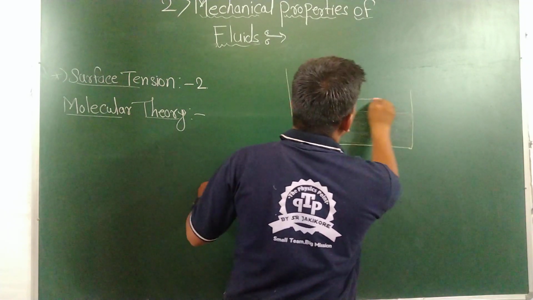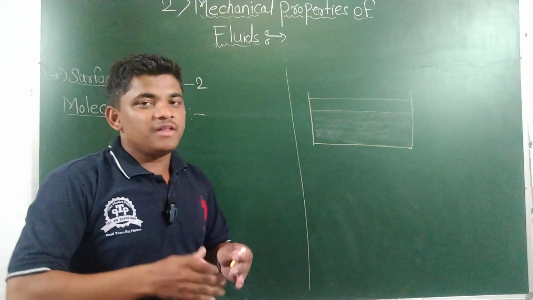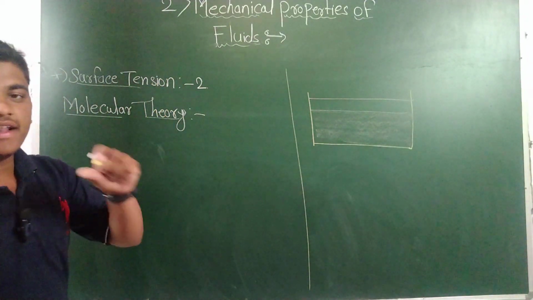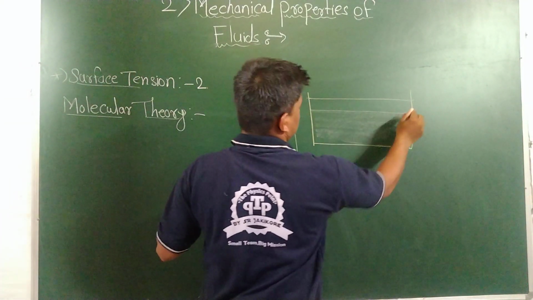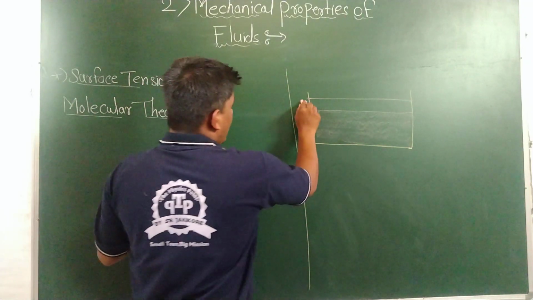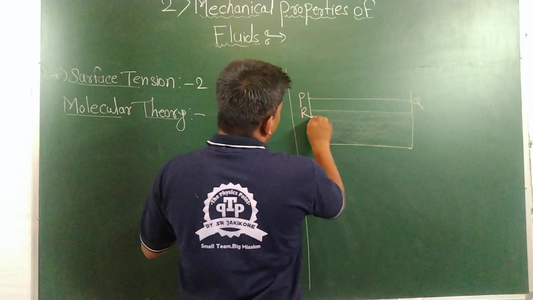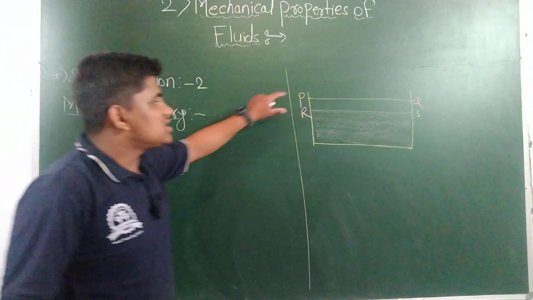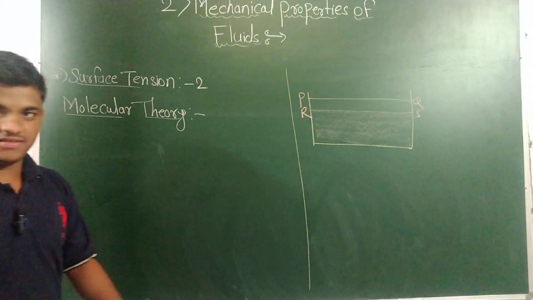The layer of the liquid, discussed in the previous lectures, whose thickness is the range of molecular distance or range of molecular force. Let PQ and RS be the surface film on the liquid container.